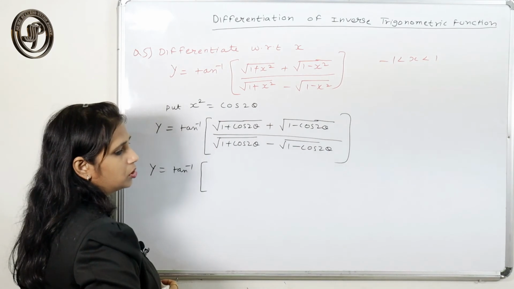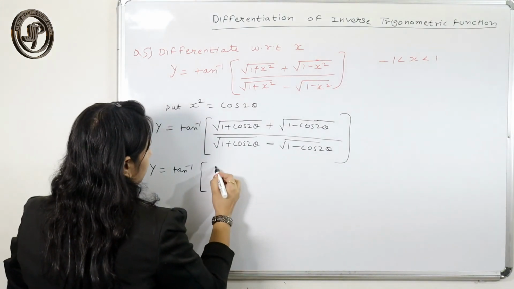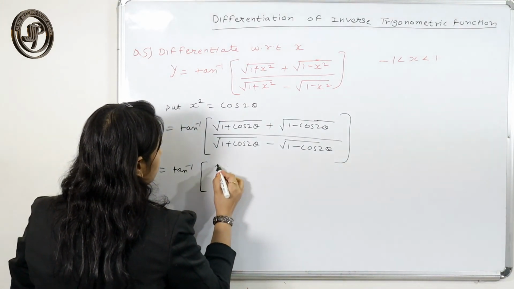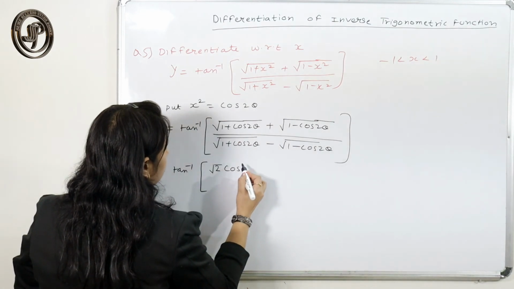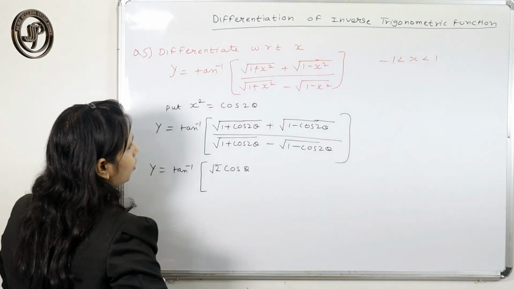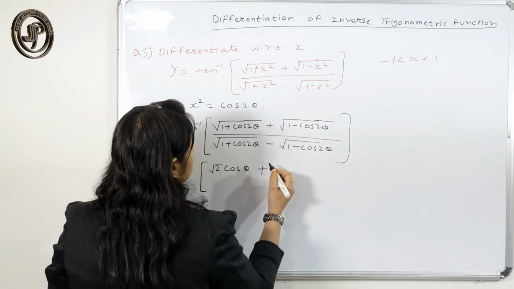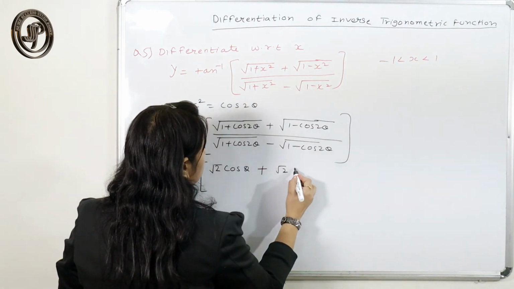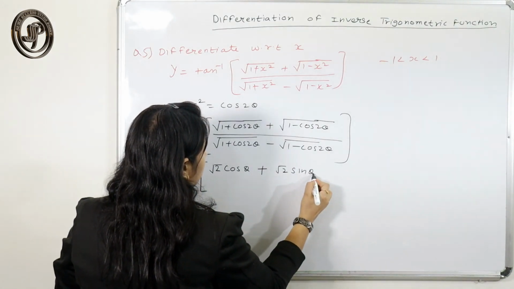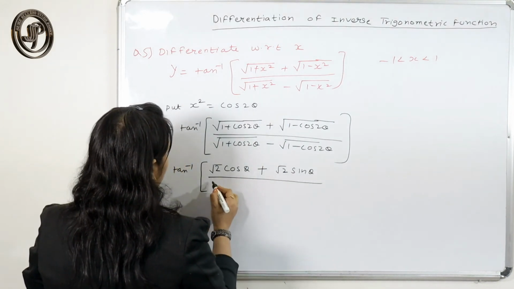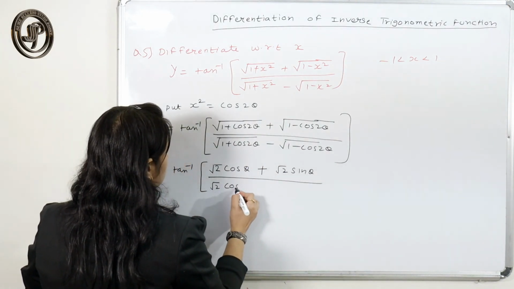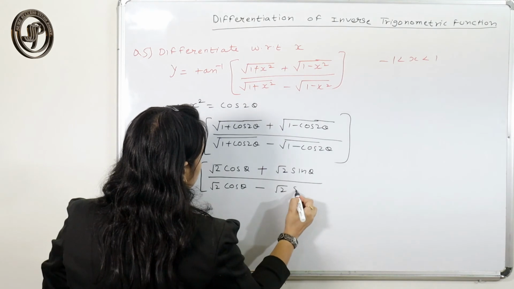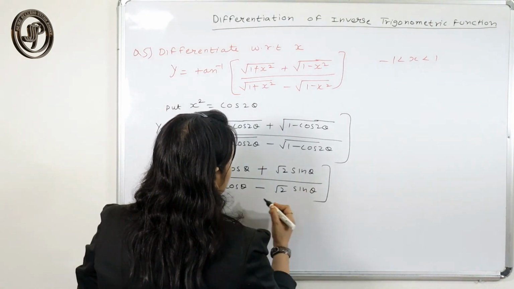So 1 plus cos 2 theta is 2 cos square theta, so we get root 2 cos theta. Here comes root 2 sin theta. Okay, here root 2 cos theta, root 2 sin theta.